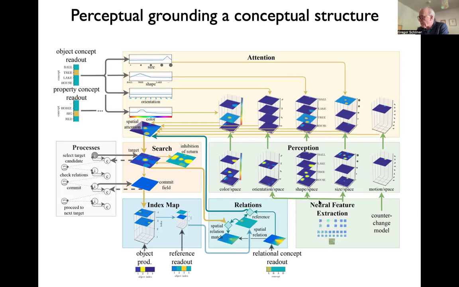There's feature extraction from the sensor surface. There's the relational logic, which I can explain, which involves coordinate transforms, where you have a relational concept. This is the synaptic pattern for it, and you need to be able to put it to any location in the space. There's actually even an index map that will store where which object lies in terms of the index, and there's some process organization.